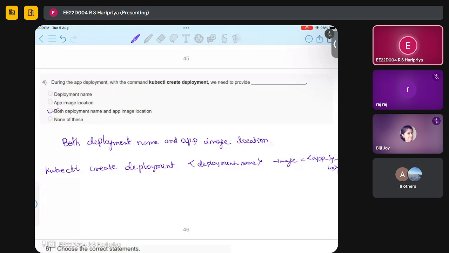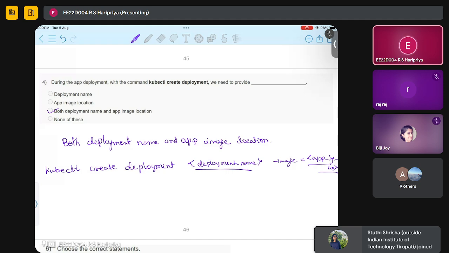So we need to provide the deployment name, the name that we are giving for the deployment, and the app image location, the Docker image that we want to deploy.